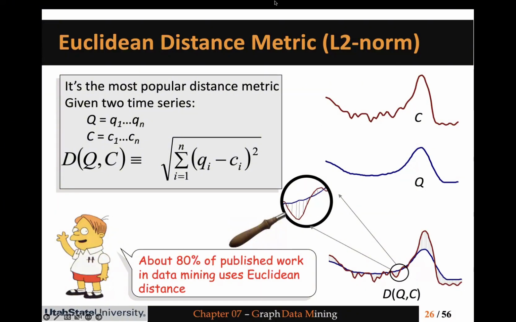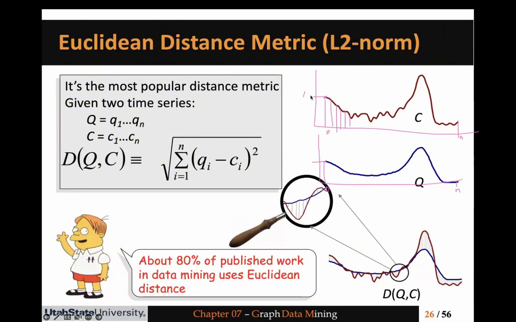In other terms, I go from one point to another between Q and C, and of course they all live within their y magnitude and x. So you take the distance between the value here and the value of Q here, one by one, and you keep going all the way to the end of the two time series, starting from index 0 all the way to index n, which is the last point of my time series.